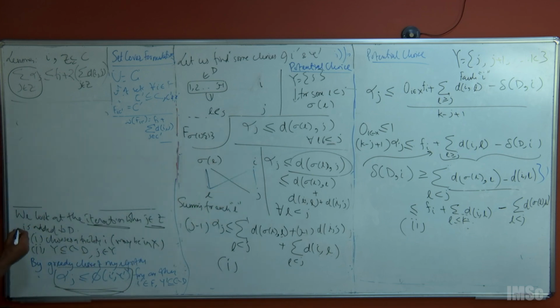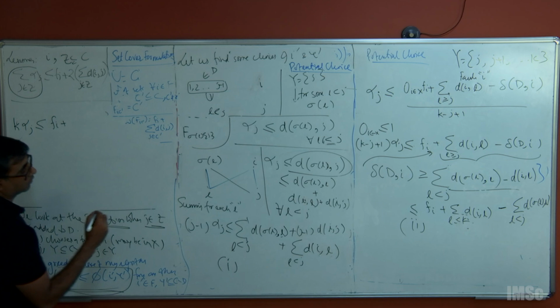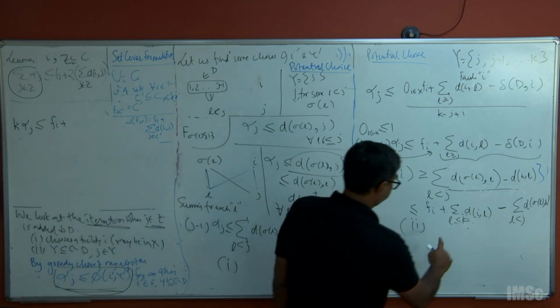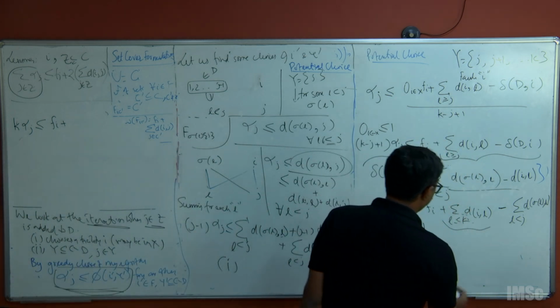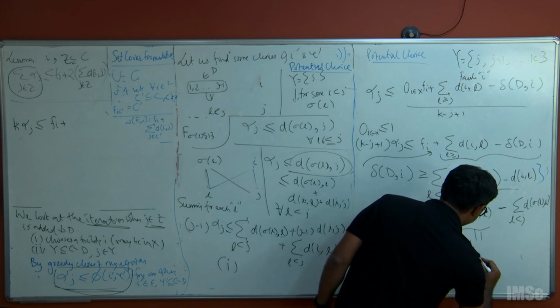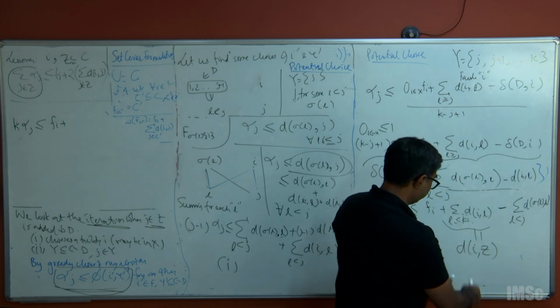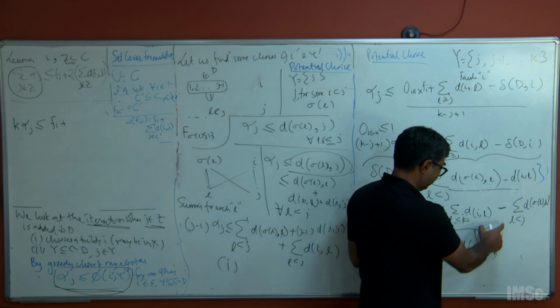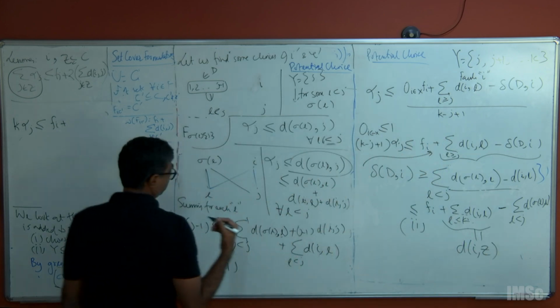So let's do this. What will you get? K times alpha j is less than or equal to what? First of all, Fi plus this quantity, right? Let's call this quantity diz, for every z in j. Otherwise it becomes too cumbersome to write.